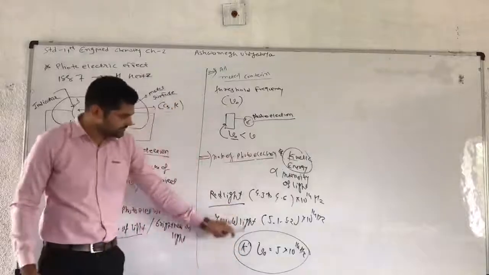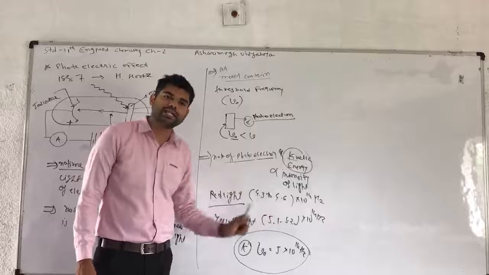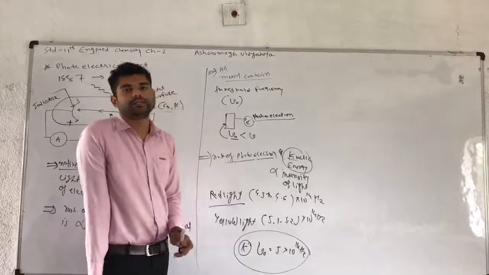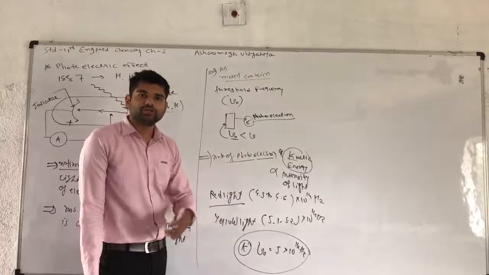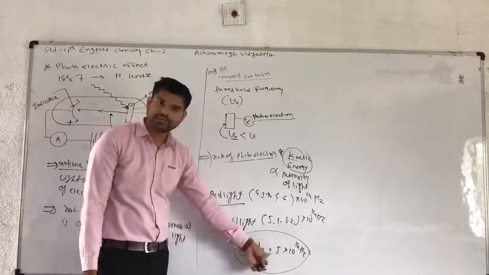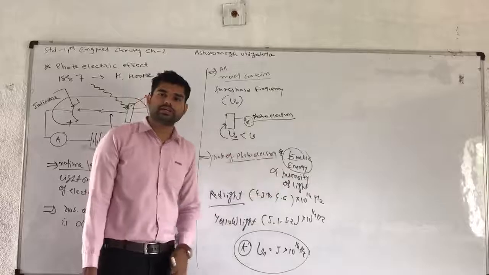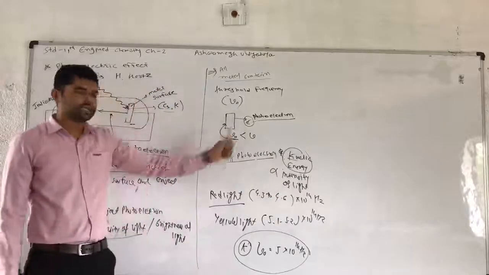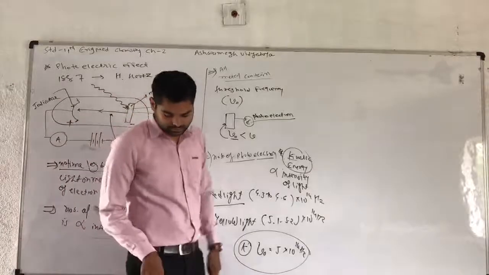Red light is below it, so there is no photoelectric effect, only shining on the potassium metal. It means no photoelectrons are released in red light. But yellow light is above the threshold frequency, therefore the photoelectric effect can be observed with yellow light, plus shining also.